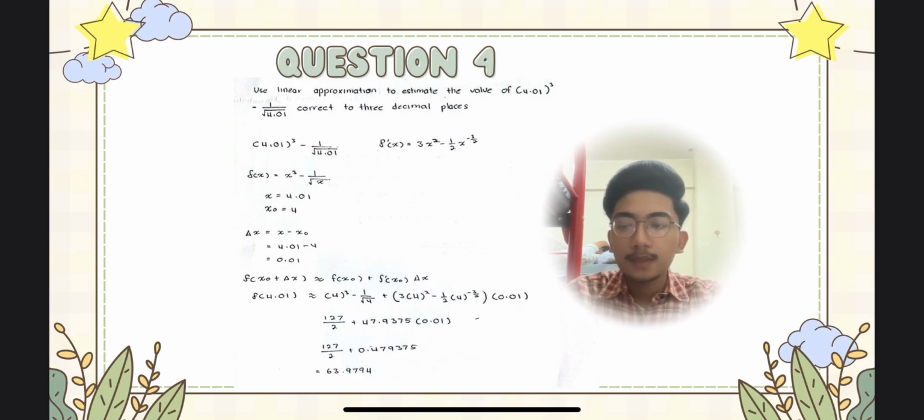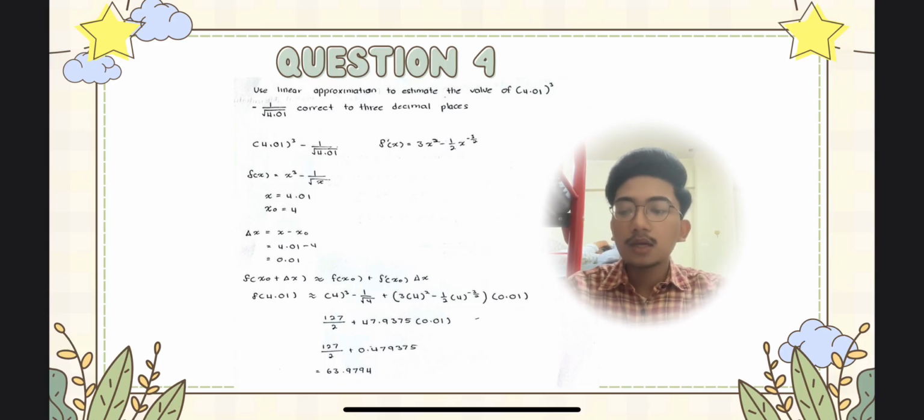Step 3, calculate delta x. Now we calculate the small change in x called delta x. Delta x is equal to x minus x naught, which is 4.01 minus 4, giving us 0.01. Step 4, find the derivative of f. Next, we differentiate the function. The derivative of x cubed is 3x squared.